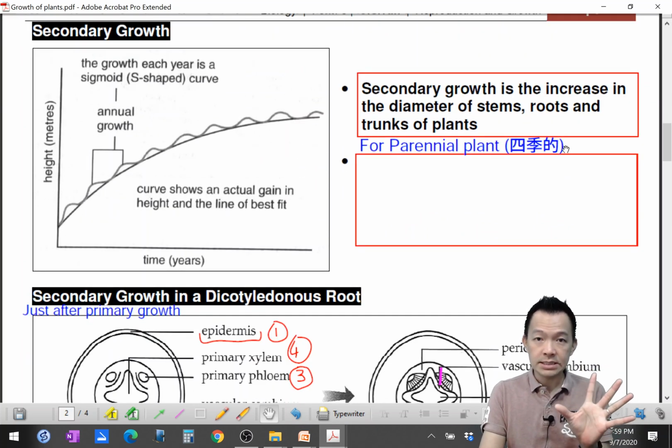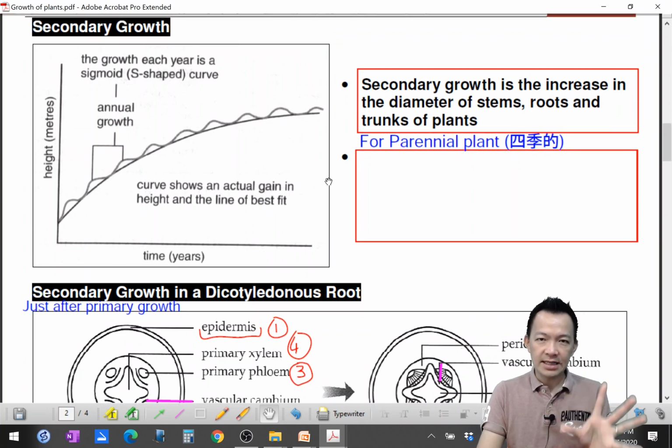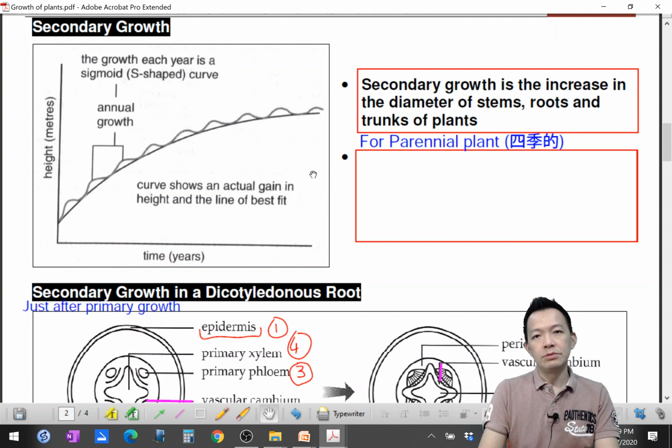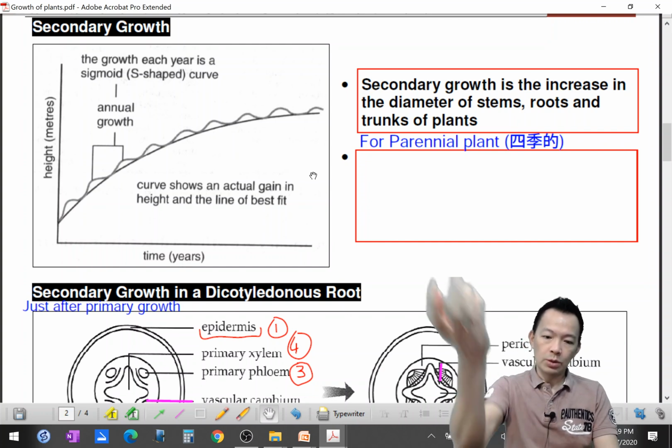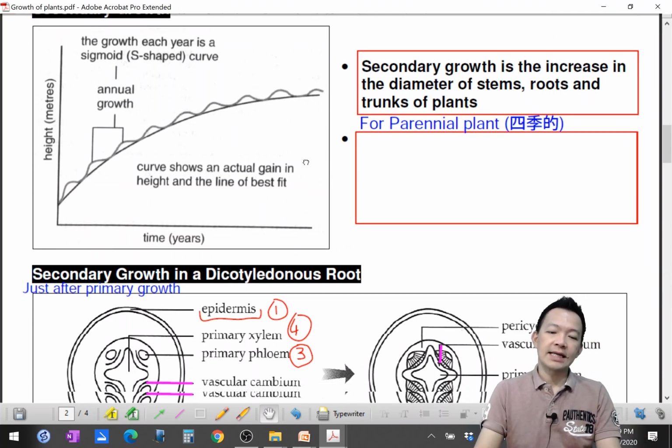Even compared to the rainforest, there is something different. So our next title will talk about the secondary growth for the perennial plants. What is different about secondary growth in plants from countries with four seasons? So this will be the next video.